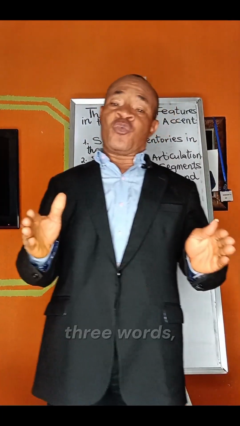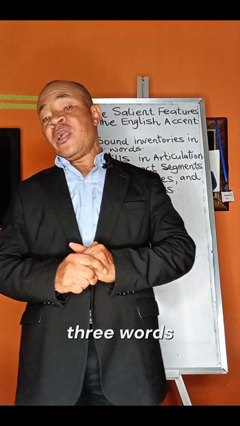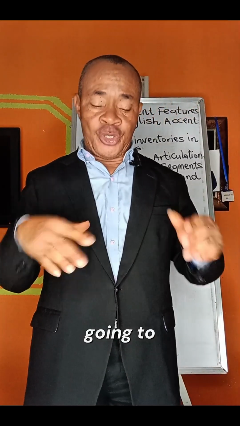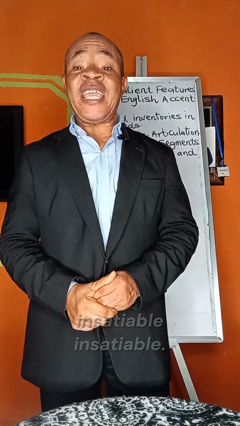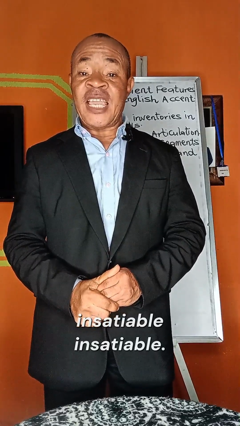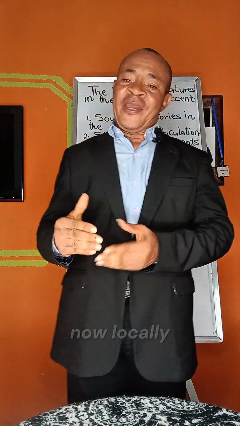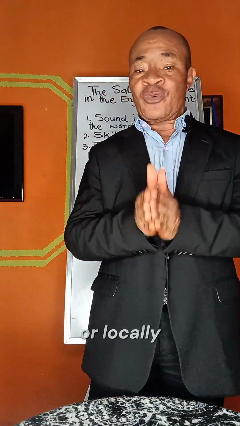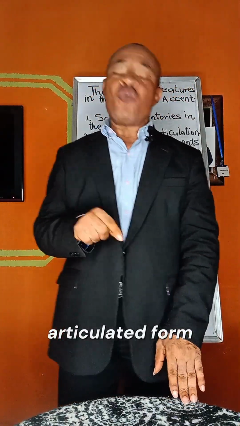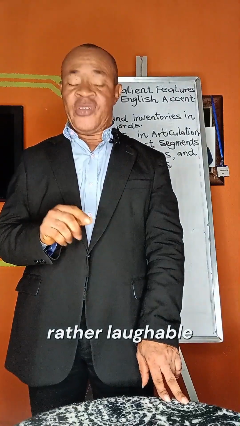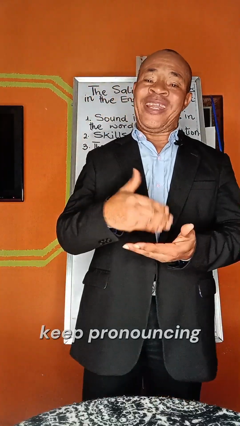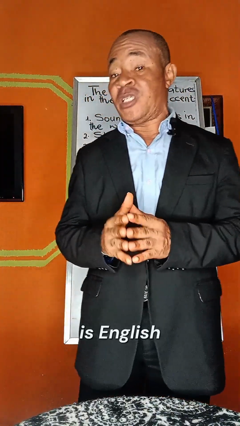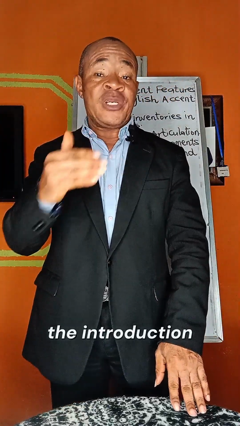So we have about three words that we're going to use as examples. The first word there is insatiable. The locally produced form of this word is rather laughable, and we must not keep pronouncing it that way. This is the English language. Remember, in the introduction, we said every language has its phonological rules.